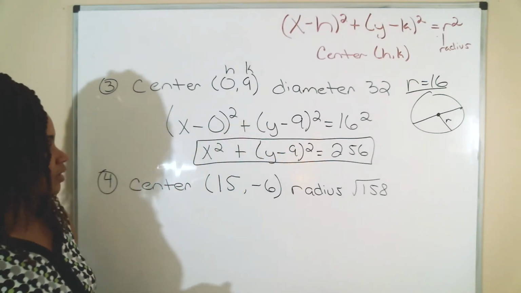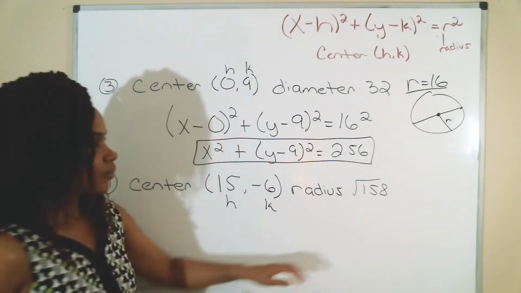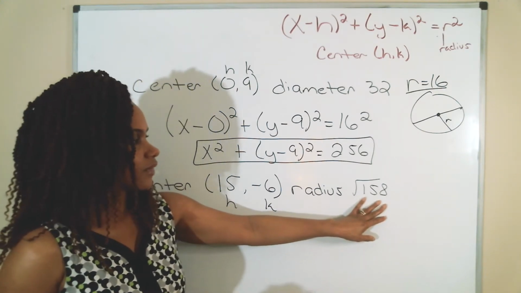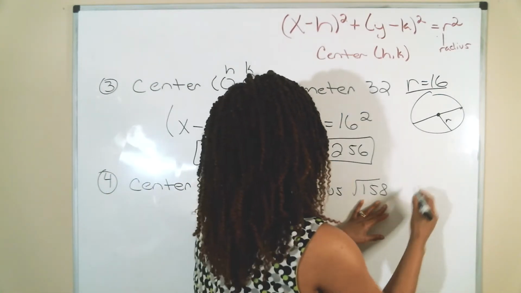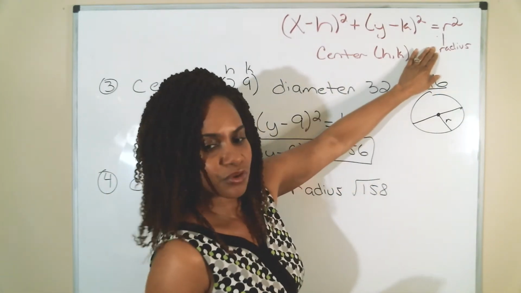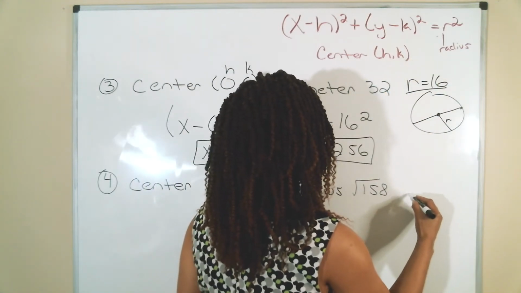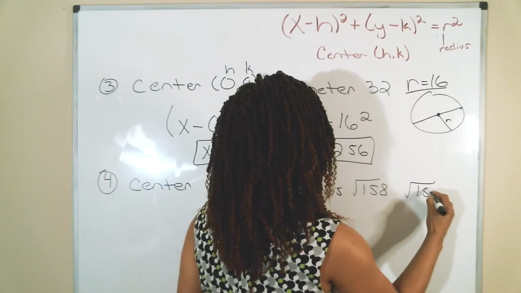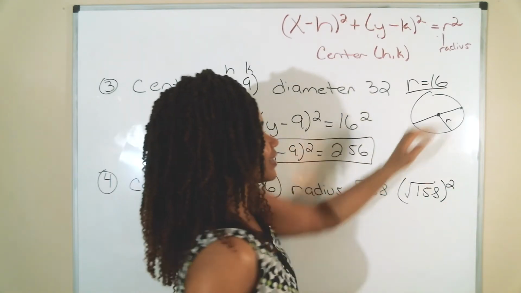All right. The next one here, again, I'm going to label h, k. Our radius has a square root. And so remember, when we do our equation in standard form, the radius is squared, right? So the square root of 158 would have to be squared.